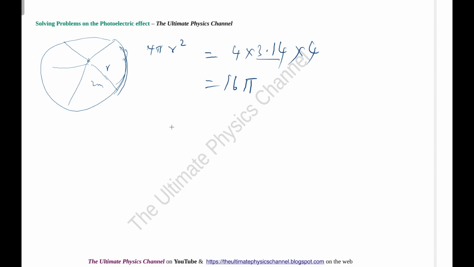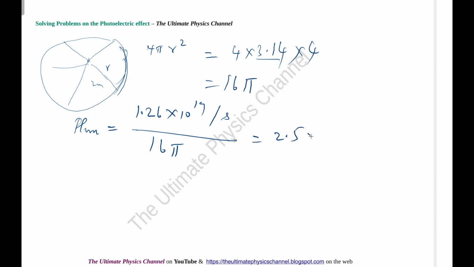Therefore, flux is very simply calculated as the total number of photons which we have calculated, 1.26 times 10 power 19 every second, over this area, so that is 16 pi. If you divide this, you would get 2.5 into 10 power 17 photons every second.